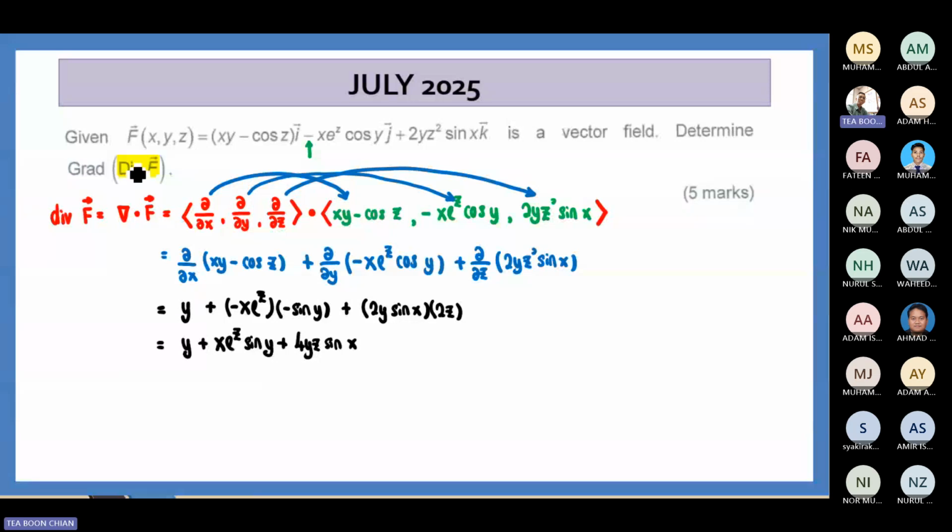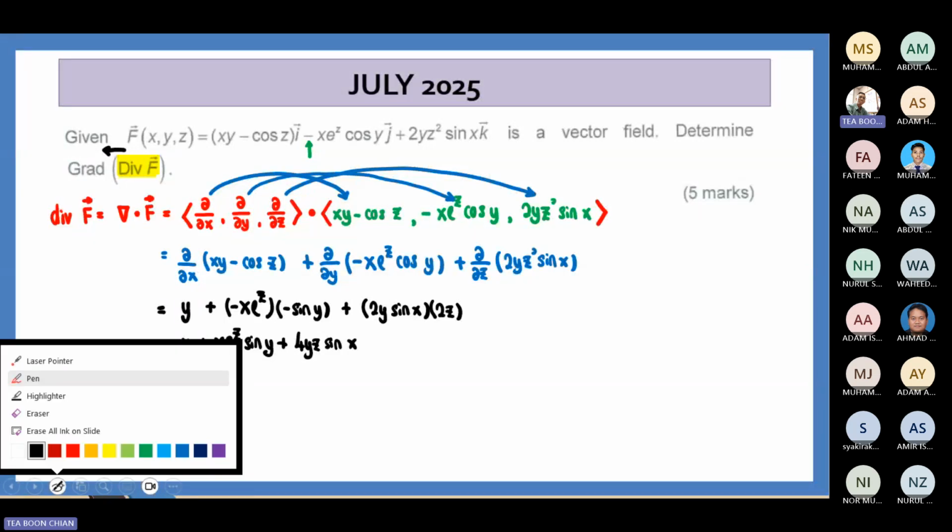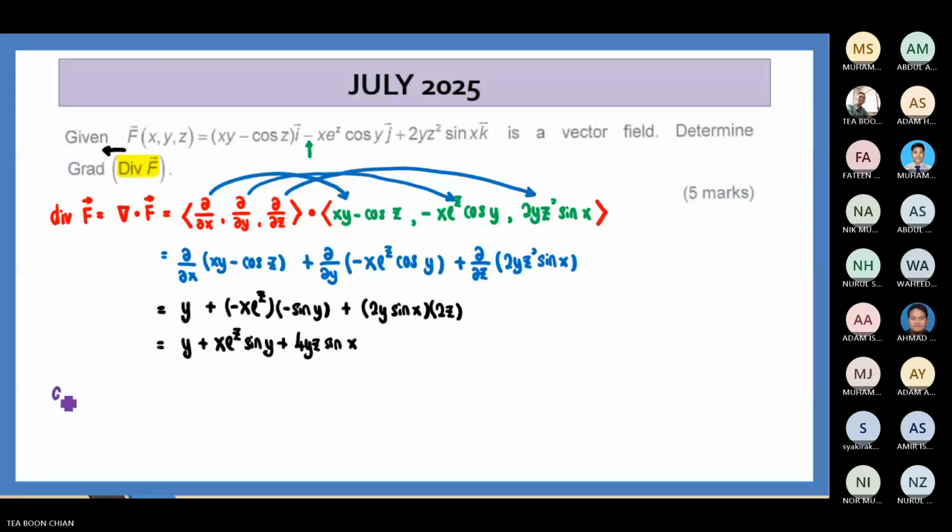So after completing the right-hand side, then only you shift backward to the left, finding the gradient. Now finding the gradient of the divergence of vector f is simply finding the differential del of this function.